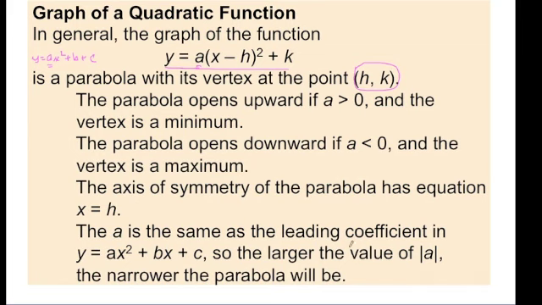A is the same as the leading coefficient of ax squared plus bx plus c, so the larger the absolute value of a, the narrower the parabola will be. If a is smaller than 1, it will be fatter. If a is bigger than 1, absolute value, it will be skinnier.